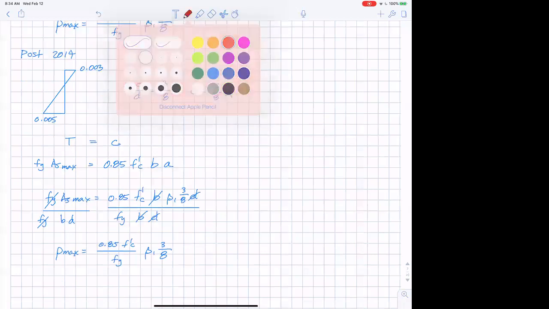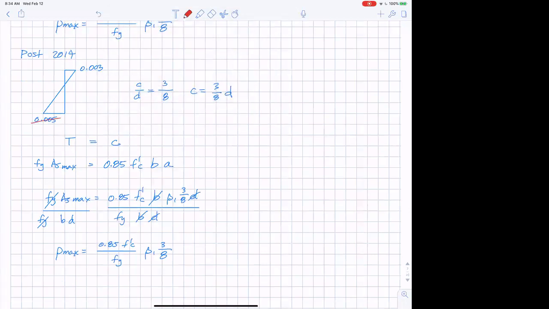So the only thing that changed is that 0.003 got changed to 0.003 plus Fy over E, the yield strain.